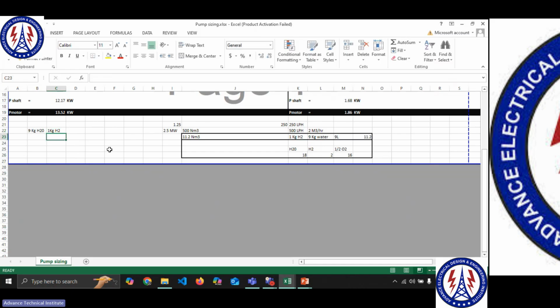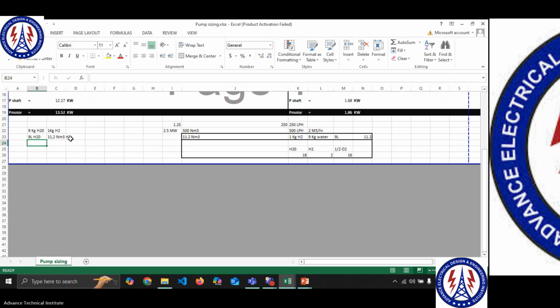In other words, we can call it 11.2 NMQ of H2. In other words, can we call this 9 liter? So I can say that 9 liter of water gives 11.2 nm cube of H2.